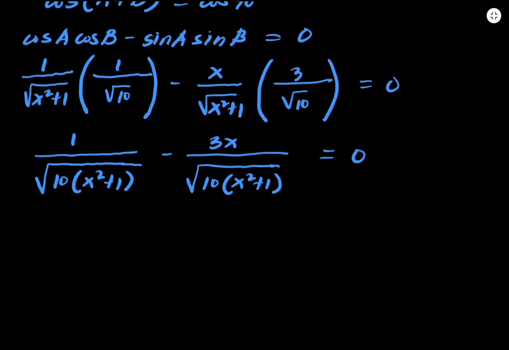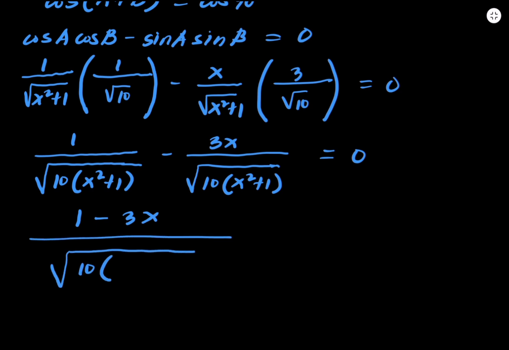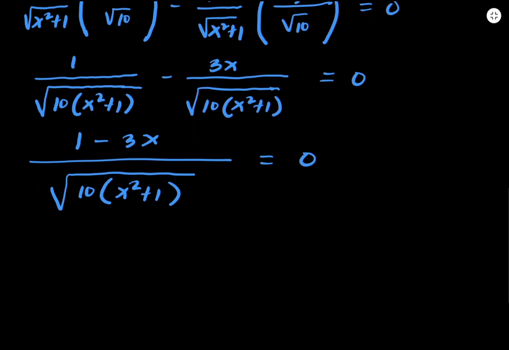Now, let us simplify. Notice that the denominators of the first term and the last term are just the same, right? So we have to subtract directly the numerators. We have 1 minus 3x all over the root of 10 times x squared plus 1, and everything is equal to 0. Now, the denominator must not be equal to 0, right?